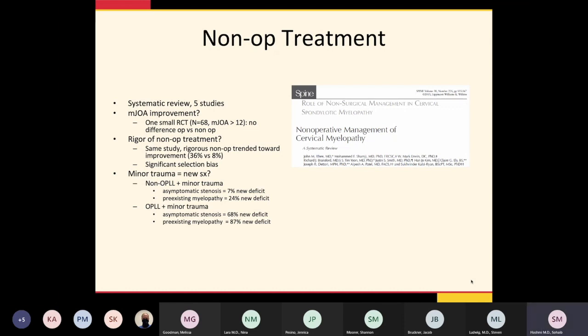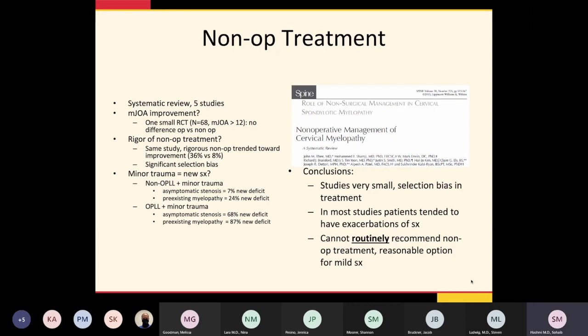However, if it's in the setting of a combined OPLL and minor trauma, these patients that have a pre-existing diagnosis of myelopathy have an 87% chance of a new deficit. So this is something to also counsel patients on in non-operative management, their increased risk for a potential of a significant neurologic injury with a low energy mechanism of trauma.